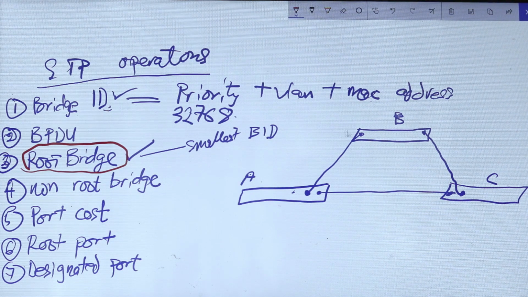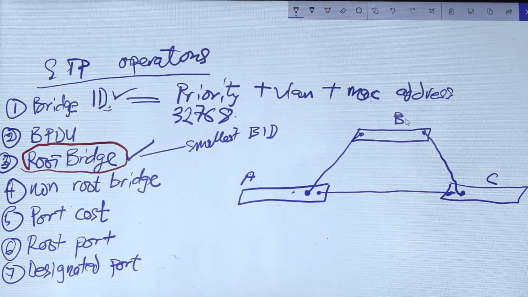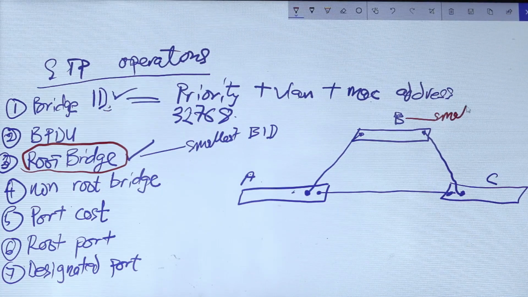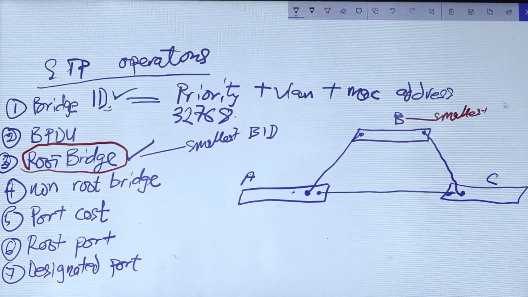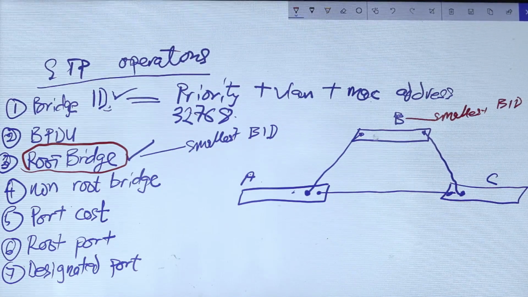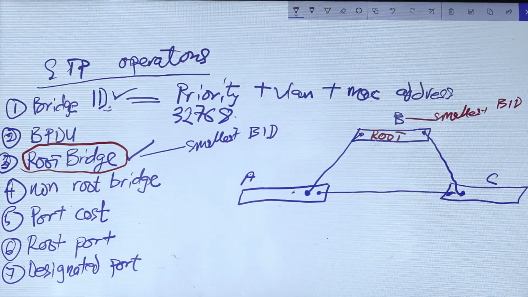So assuming switch B becomes the root bridge because it has the smallest bridge ID. So that is the root. Let me put it here. Root bridge or root.